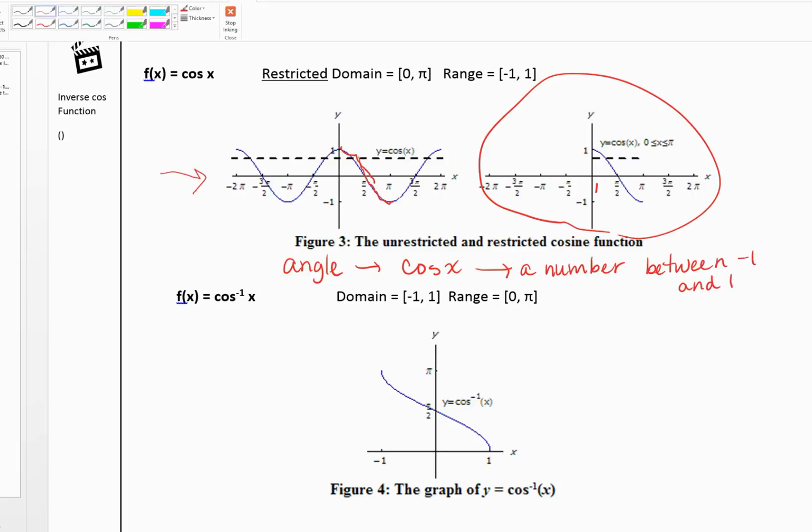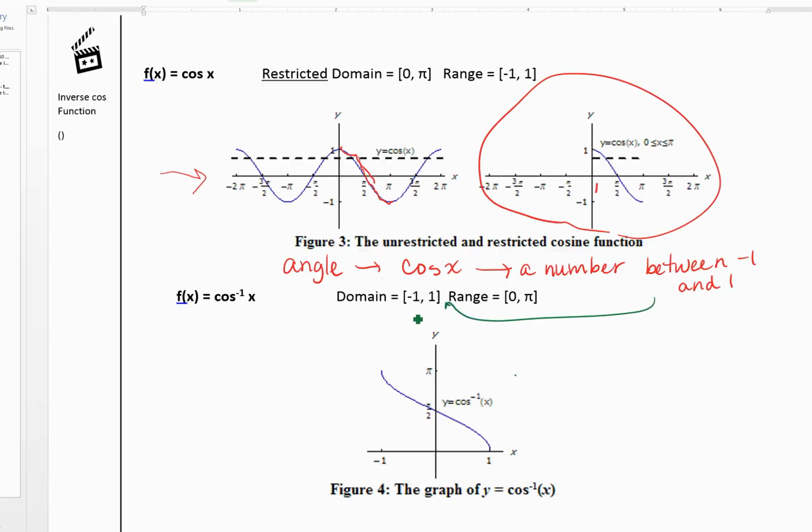And now inverse cosine is going to do the opposite. We're going to put in a number between -1 and 1, and we're going to get out the angle where cosine of that angle is the number. Okay, so we're going to go backwards.